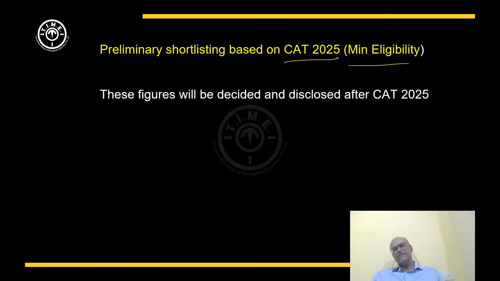Whether there will be an overall percentile or sectionals, there is more likelihood of sectional percentiles being there according to the official information they have put out. They have written that the sectional percentile is to be decided. So there is a chance sectional cutoffs may be there in the preliminary shortlist. But again, we will come to know for sure only after a few weeks.